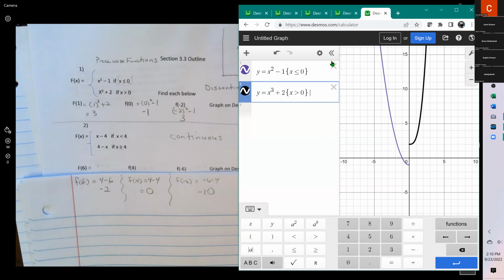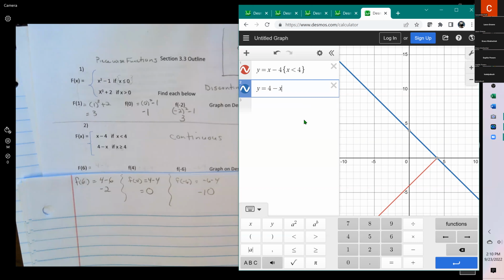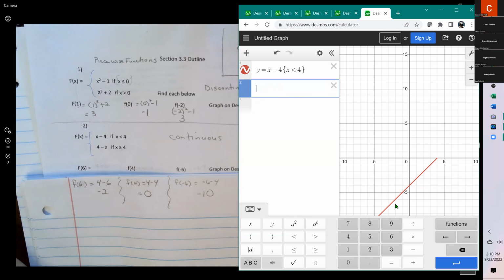Okay, let's graph it. So I'm going to X those ones out. The first one, y equals x minus 4, and then the parentheses, x less than 4. Next one, y equals 4 minus x. Before I enter that one, we have the line here.